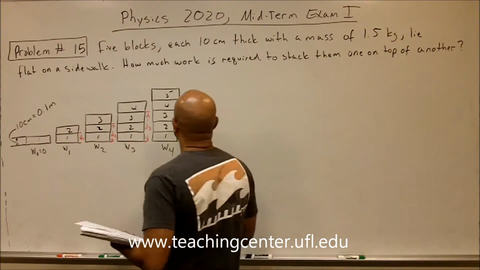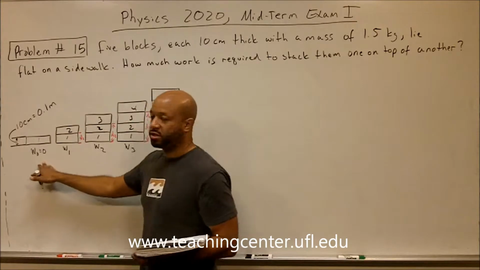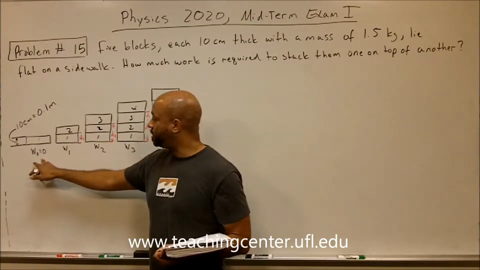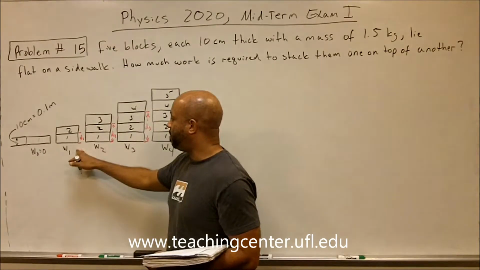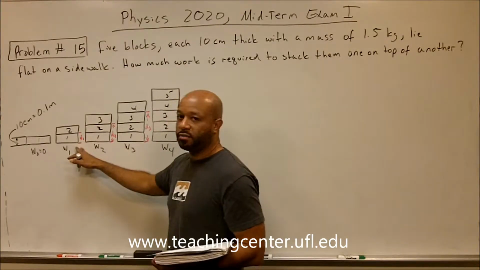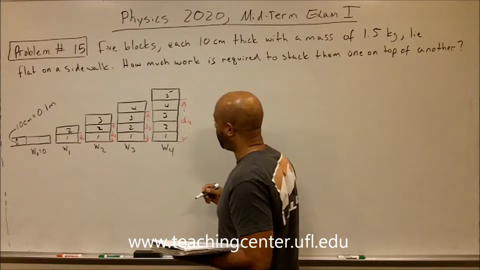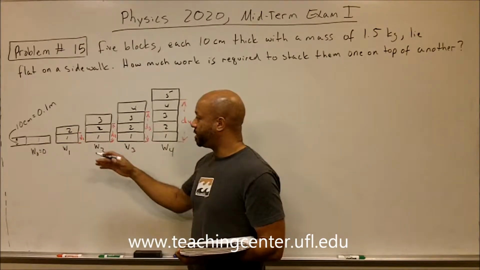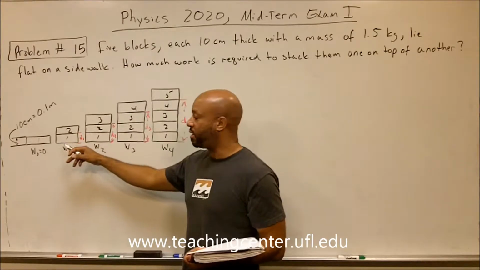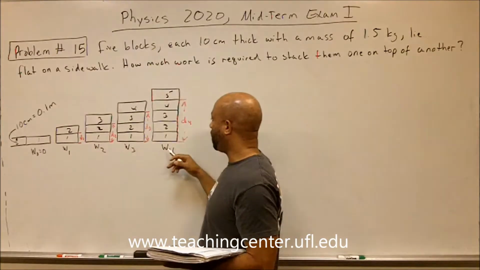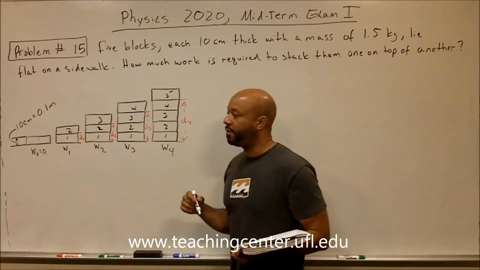Initially, how much work does it take to stack the first block? Well, it doesn't take any work, the block is already lying there. And then how much does it take to stack the second block? Well, that's basically the work it takes to lift the second block onto the first block. And similarly, we go all the way up until we get to 5 blocks high.